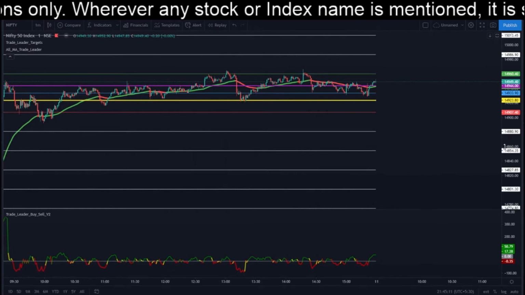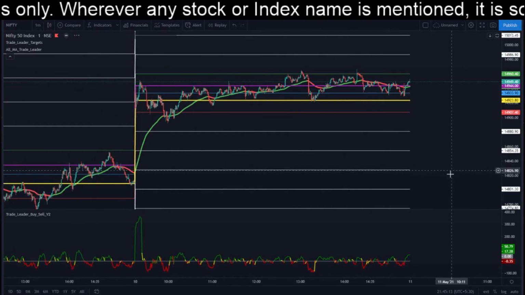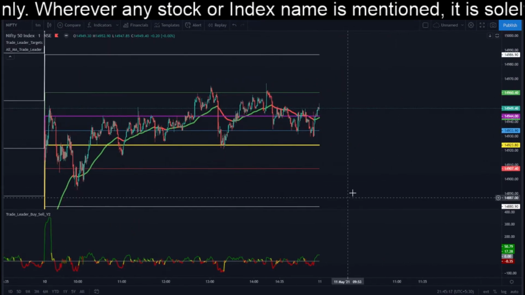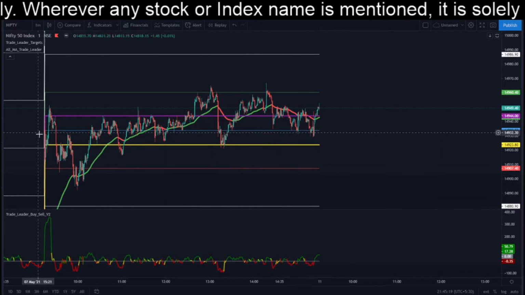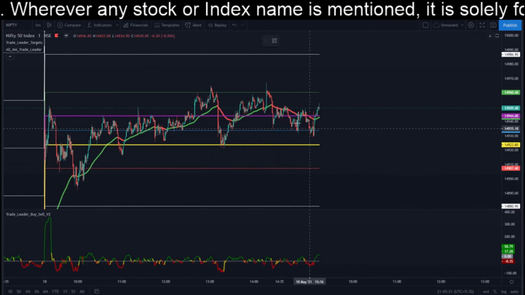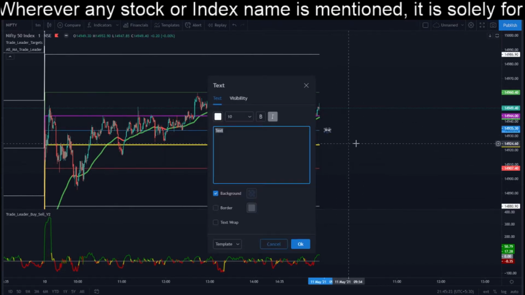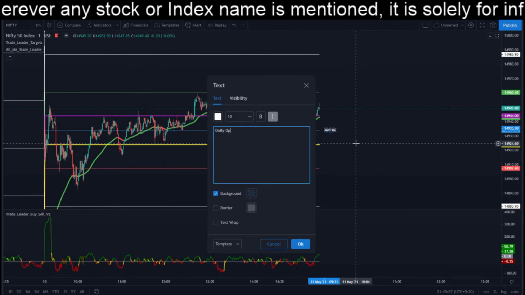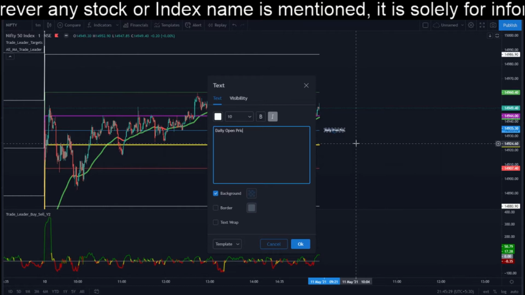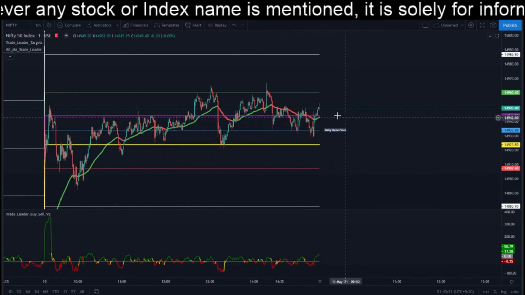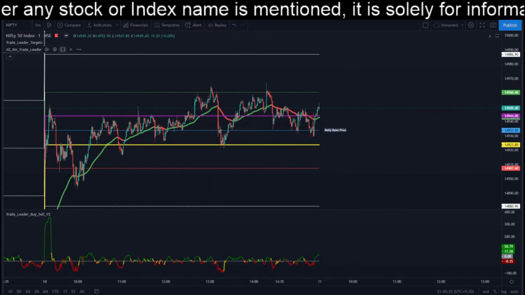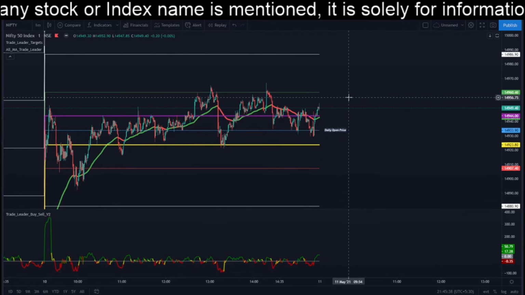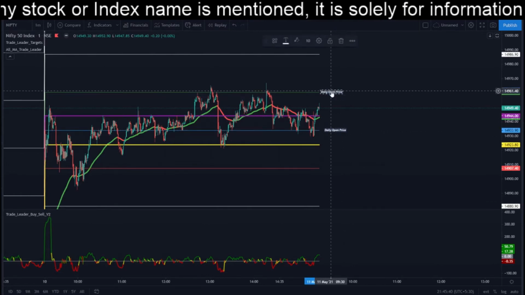So to explain my levels here, this blue line indicates the daily open price. Okay, daily open price. And this green line is long entry price.